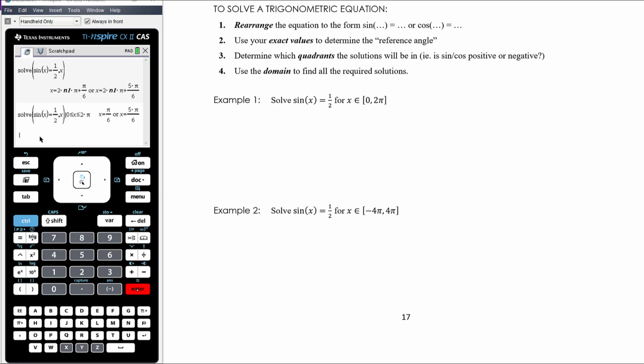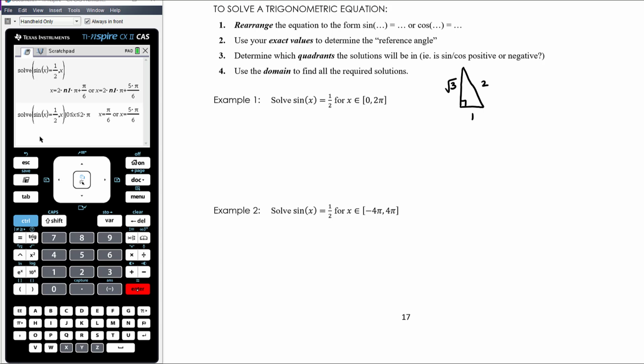Then we need to use our exact values to determine the reference angle. Now, as I said, this isn't necessarily a solution to the equation, but every single solution will be connected to this reference angle. So what we're looking at here is sine of x is equal to 1/2. Okay, so we need to know our exact values, or as I've advocated before, we need to know our special triangles so we can generate our exact values.